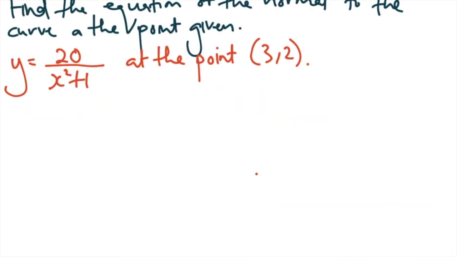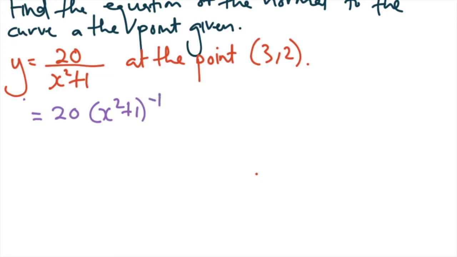Next question. Find the equation of the normal to the curve at the point given. From the earlier notes, we know the tangent multiplied by the normal should give you -1, because tangent and normal are perpendicular to each other. So first thing, let's differentiate. Before we differentiate, I'm going to change the form to 20 times (x squared plus 1) to the power of -1.